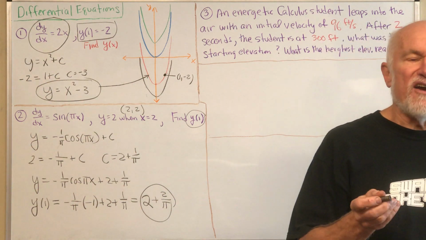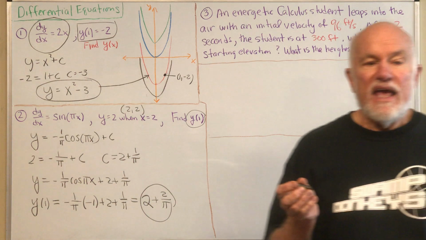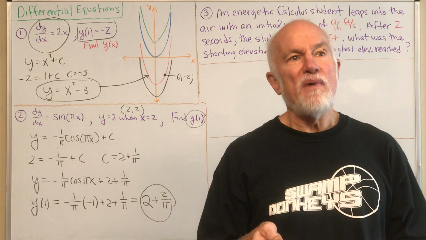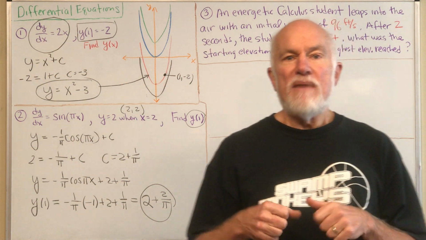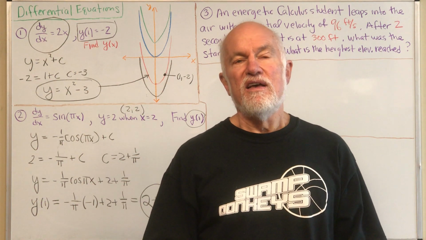Once it gets into the air, a physicist would call that free fall. And you can find out the motion about this free fall. So I'll tell you a little bit about how a mathematician and a physicist would work together.